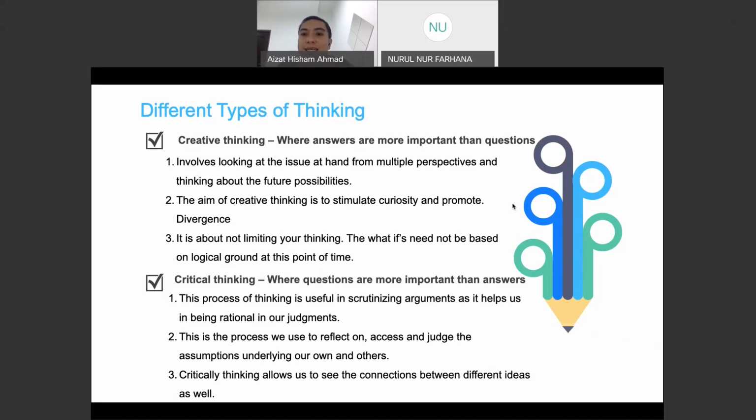So you scrutinize arguments. You become rational. You make judgments based on the necessities, assumptions, and also different types of consequence when it comes to the answer. What are the consequences of doing this? What are the consequences of doing that?